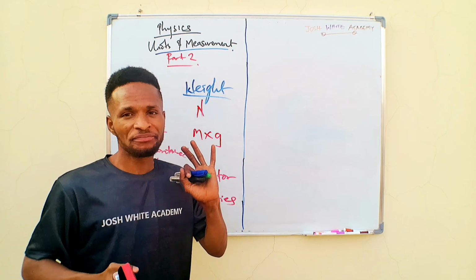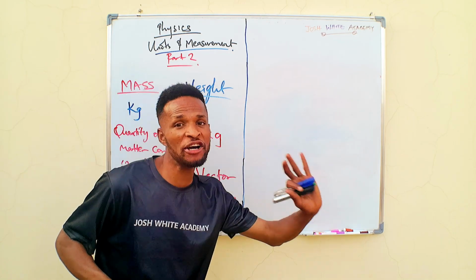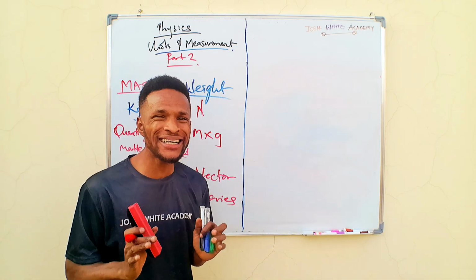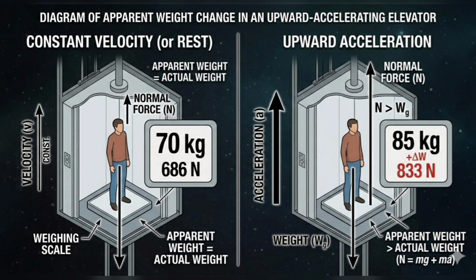For instance, the acceleration due to gravity on the moon differs from that on the earth. And even within the earth, people close to the polar region and people close to the equatorial region have different gravity. So the weight changes. Let's say someone is even in an elevator.